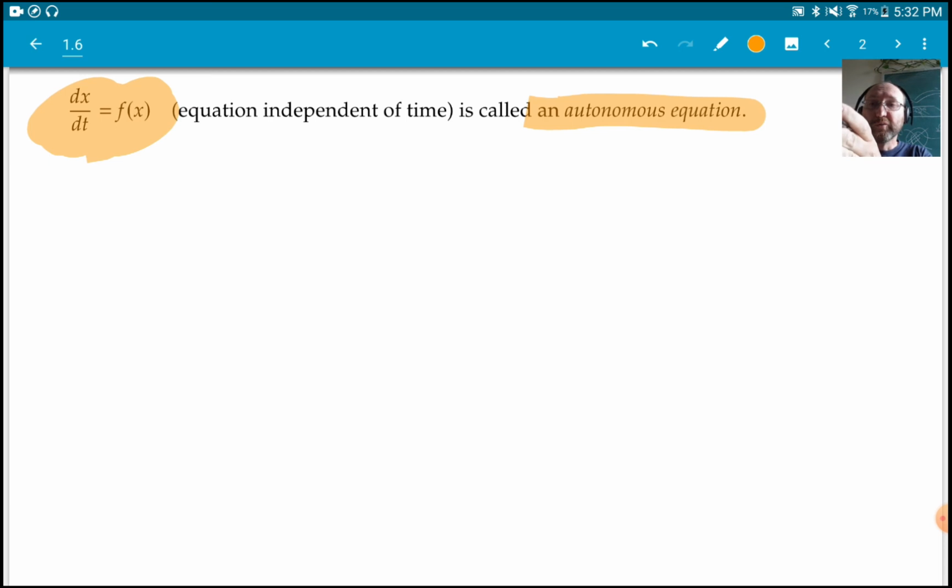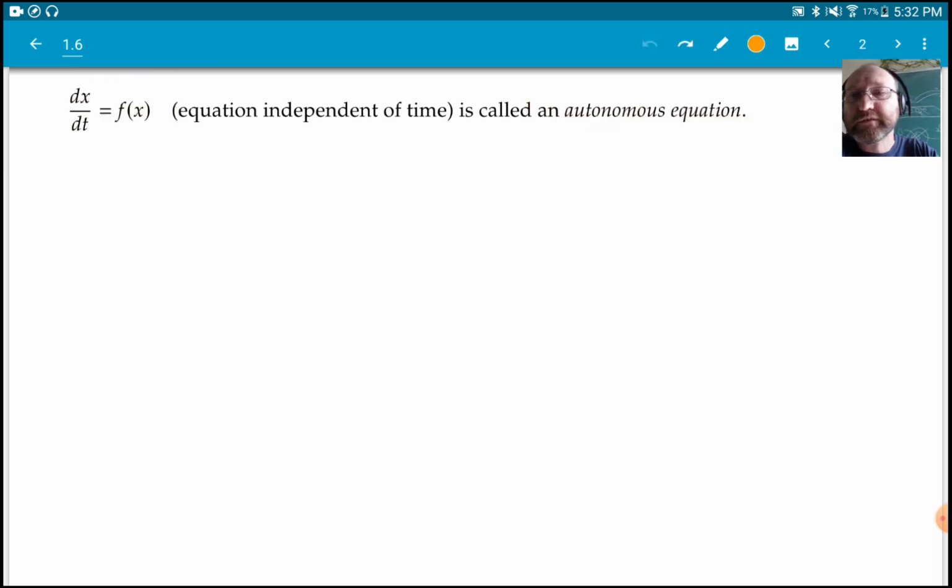We have the derivative of x with respect to t is some function that does not depend on t. It only depends on x. That's our equation. That's what autonomous means: the right-hand side in this equation does not depend on time.